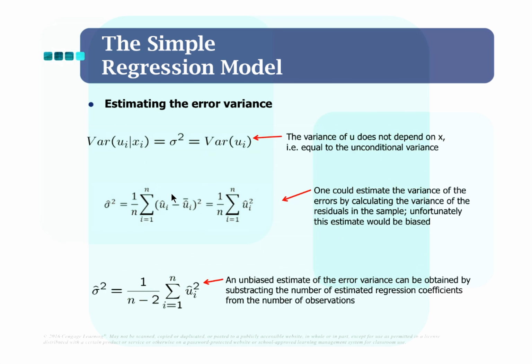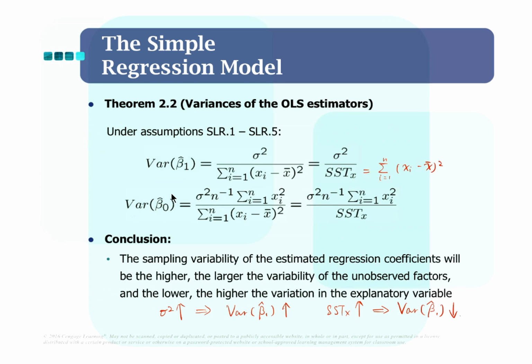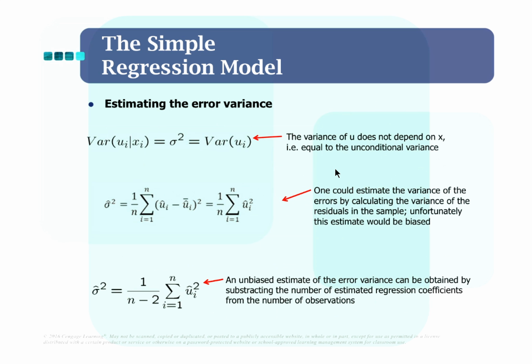Okay, so the formula tells us the variance of beta 1 hat and beta 0 hat, but practically it's a bit difficult to compute the variance using this formula. Because in practice the sigma squared is often unknown. So what we do is first estimate this sigma squared so that we can estimate the variance of beta 1 hat and beta 0 hat.